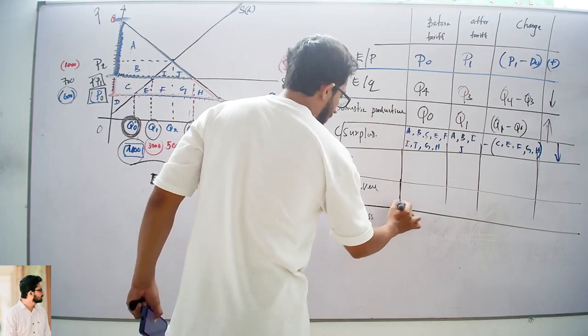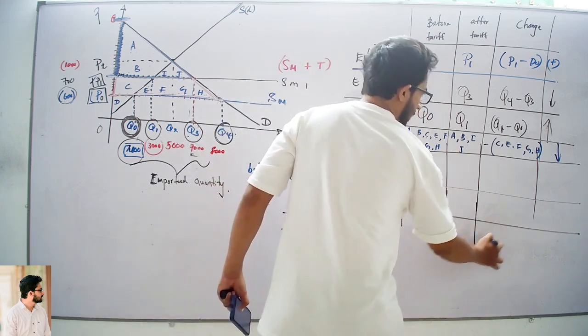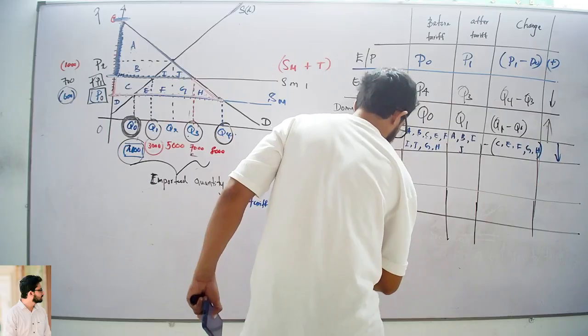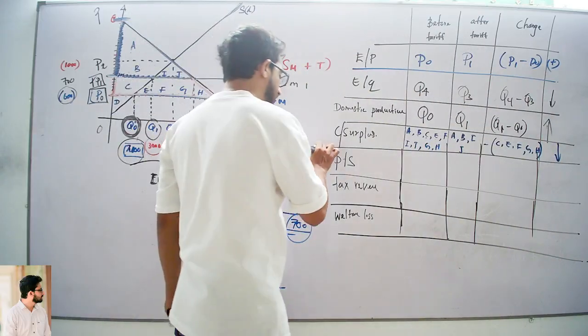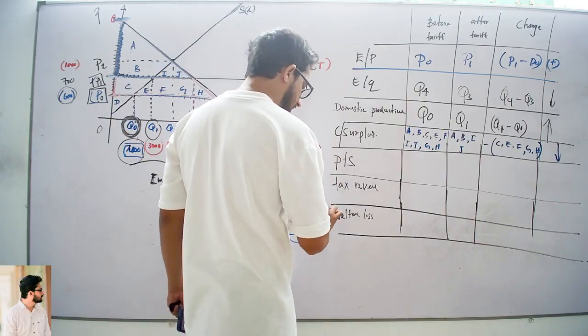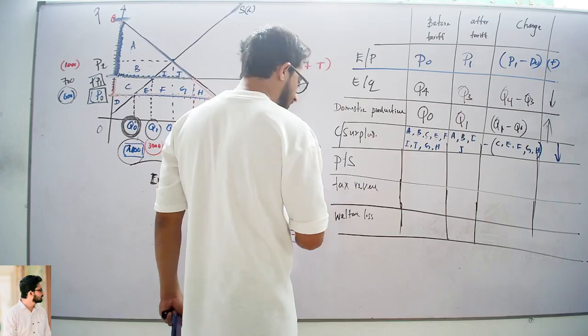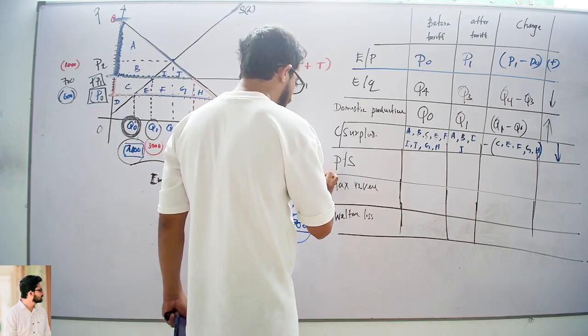Welfare loss, this is also for you, as homework. Complete producer surplus and welfare loss as homework. I'll explain tax revenue.